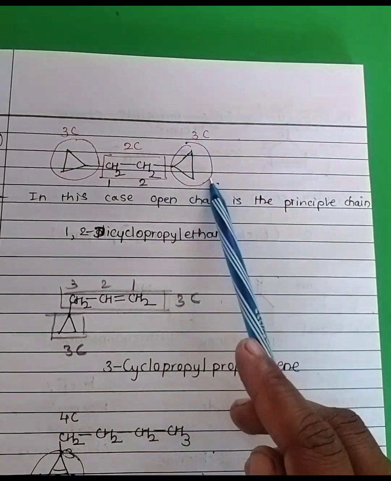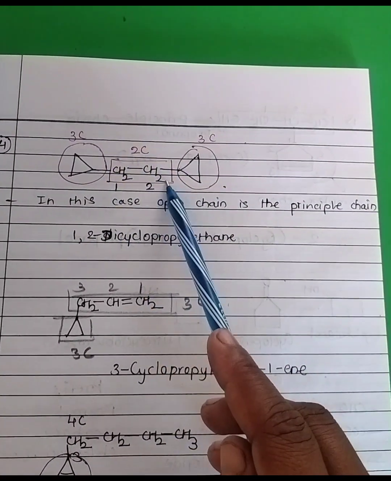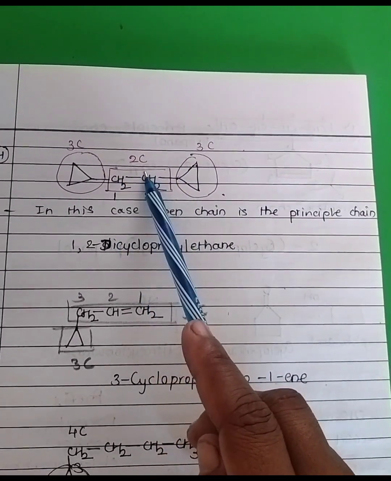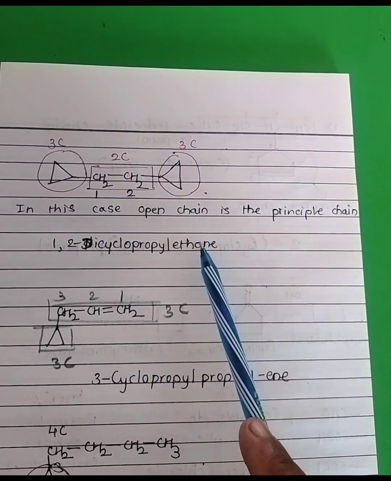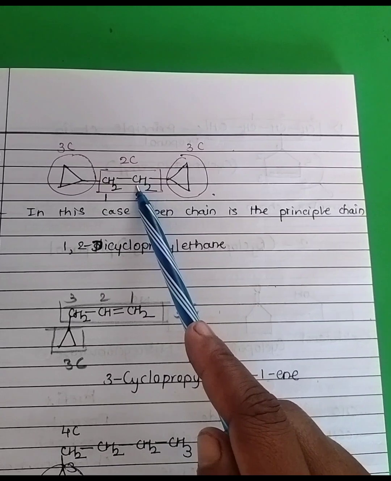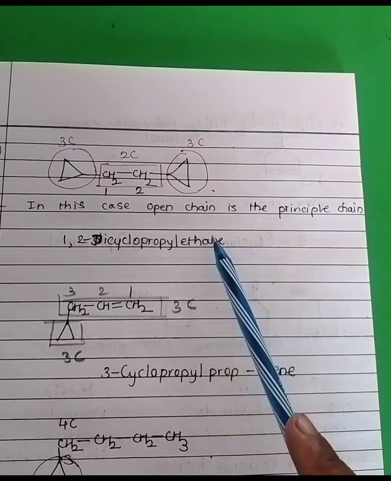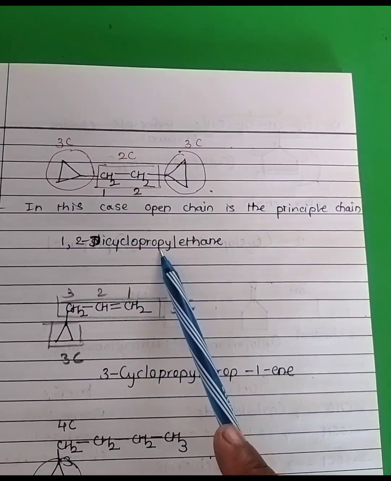This is a substituent, so YL. In the parent chain, principal chain or main chain, there are a total of 2 carbons, so we write eth, and all carbons contain single bonds, so we write ANE. So the overall name is 1 comma 2 dicyclopropyl ethane.